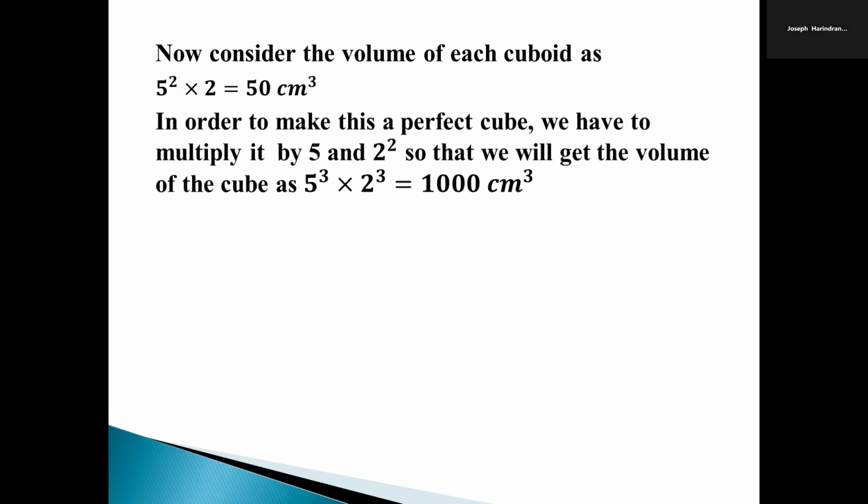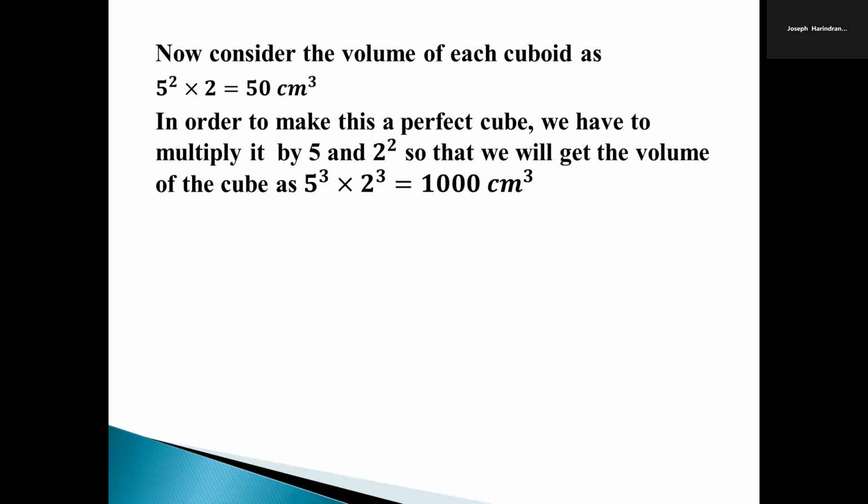In order to make this a perfect cube, we have to multiply it by one more 5. So we need 5 cubed. If this has to become a cube, what would be the dimensions? It should be a 5 cubed, isn't it? And we have to multiply it by 5 to make it 5 cubed.